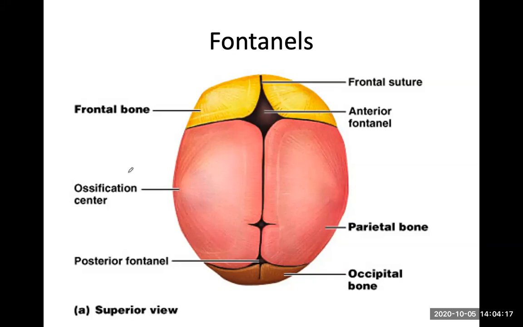However, in a fetus and even in babies, because their brain is growing rapidly, you do want to have some room for the skull to expand before the sutures are fully formed and the skull is solidified. So these openings are referred to as the fontanelles of the fetal skull.